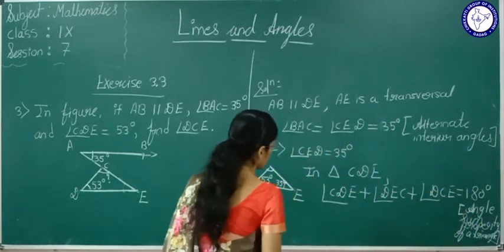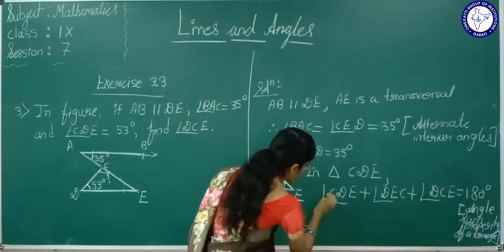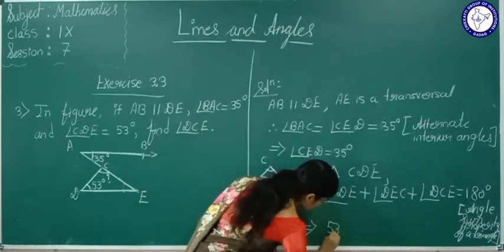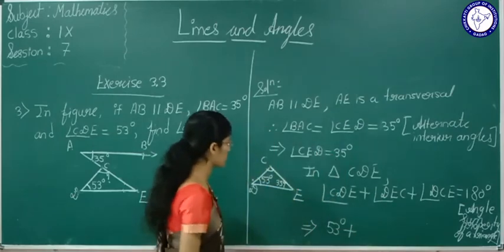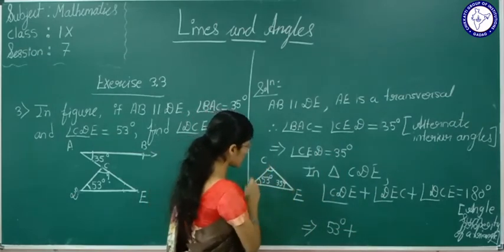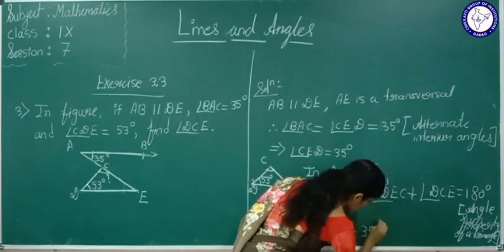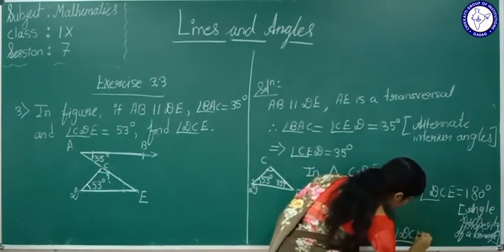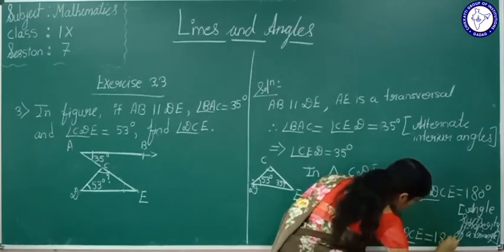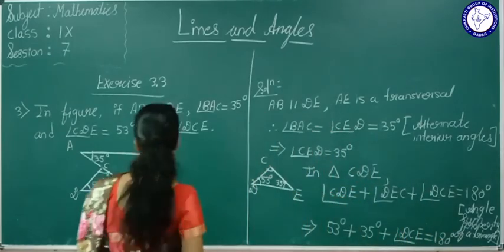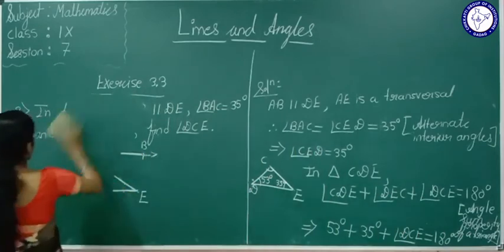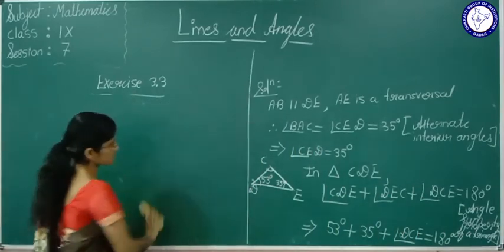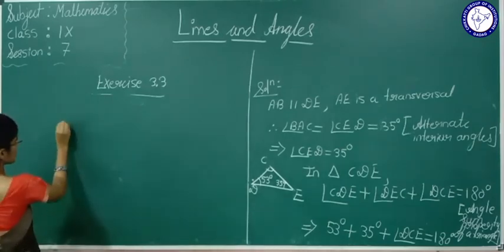Okay. Now we will substitute the values here. What is angle CDE we got? CDE is 53 degree plus what is DEC? DEC is 35 degree plus angle DCE is equal to 180 degree. Now see here.